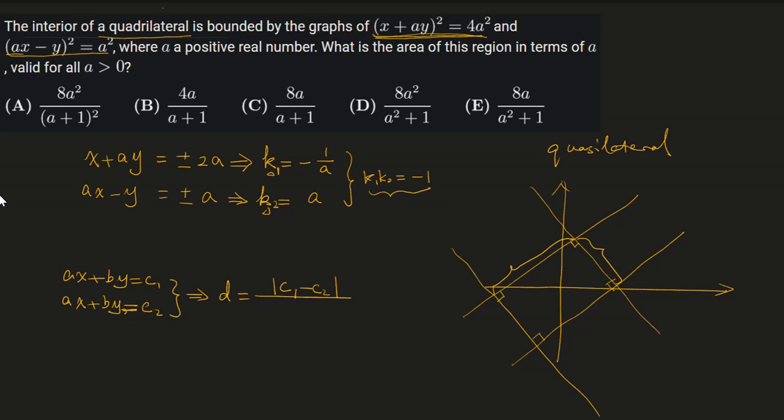And then over the square root of the sum of squares of these two coefficients, which is a squared plus b squared. This is our general formula. If some students forget this formula, they can take another approach.